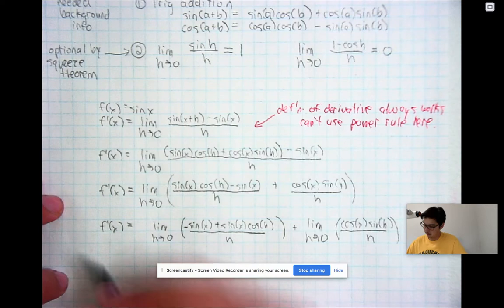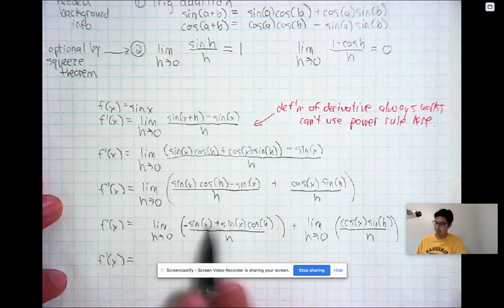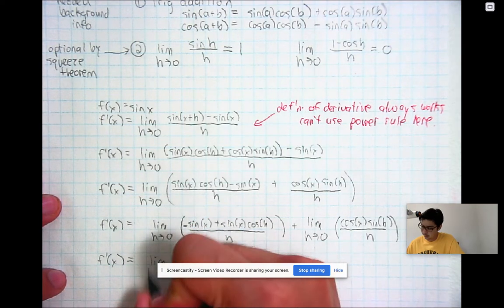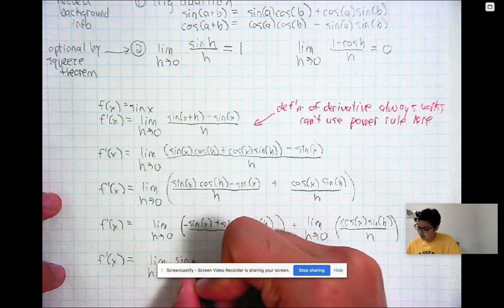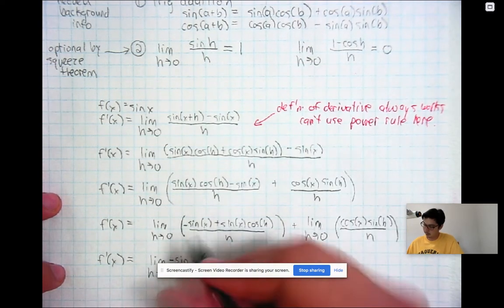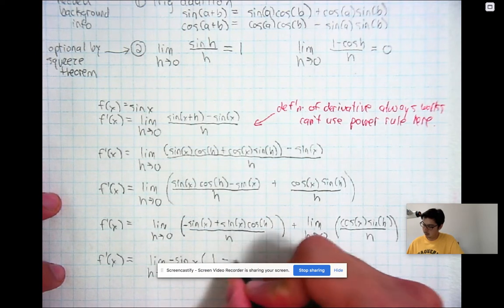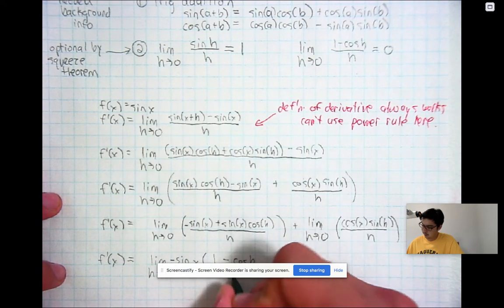And now, what's my next step here? The creativity is that I'm going to factor out a sine x on top in this first one. So we're going to have negative sine of x factored out, and what we're left with there is 1 minus cosine of h all over h.